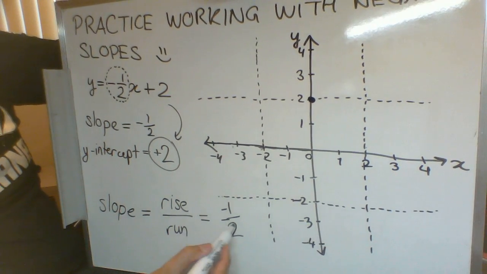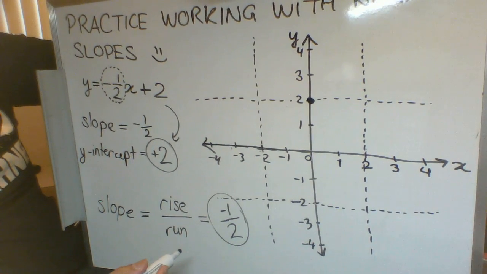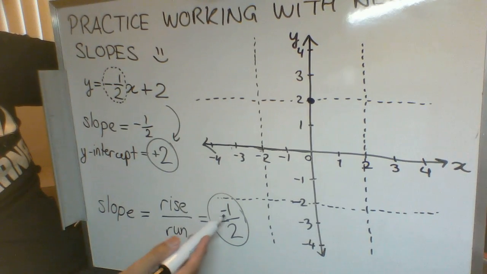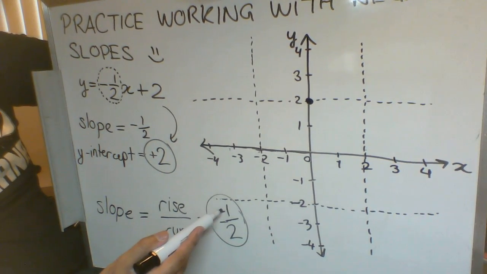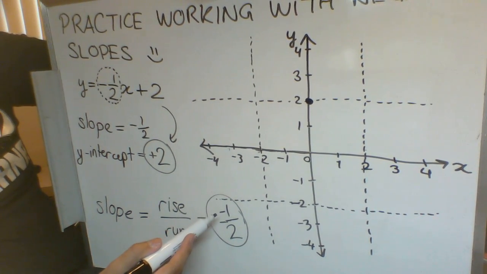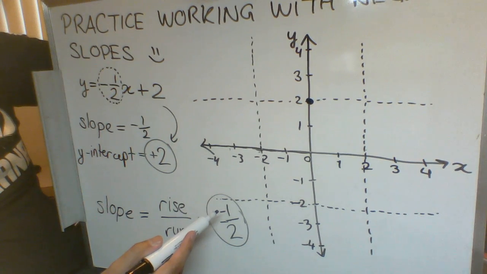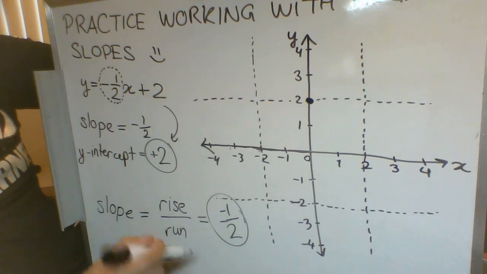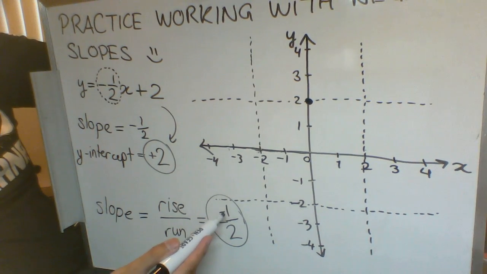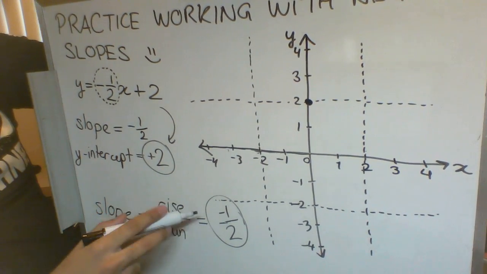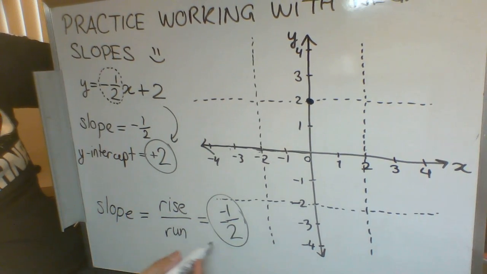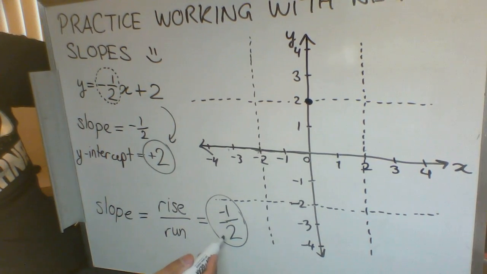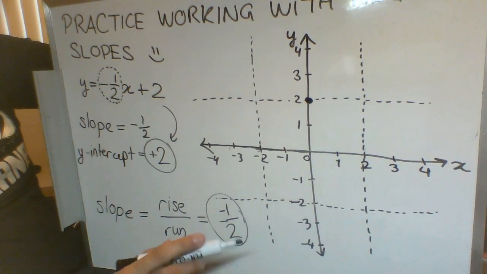So if we look at our rise over run of -1/2 here, what this is telling us is that we need to go 1 unit in the vertical direction, but because it's a minus sign here, instead of moving up like we normally would, we're going to move down. So our rise is going to be 1 unit down because of the minus sign. And then our run, this 2 down here, is positive, so the run is still going to be to the right.